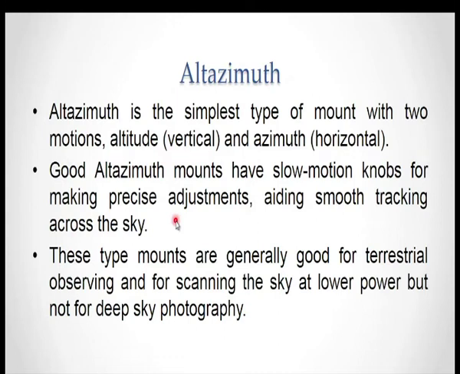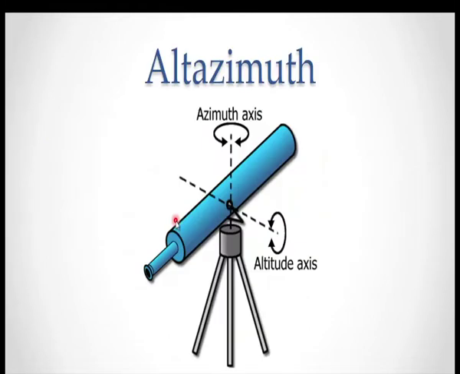Altitude is vertical and azimuth is horizontal, so the telescope can be rotated in both directions. This is the alt azimuth mount of a telescope. If you move the telescope horizontally, that is the azimuth axis. If you move the telescope vertically, that is the altitude axis.